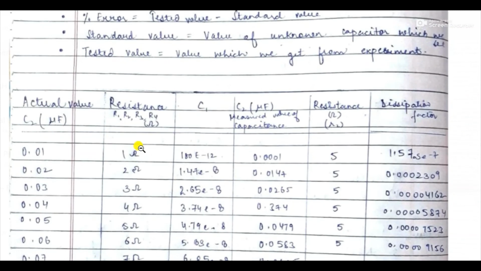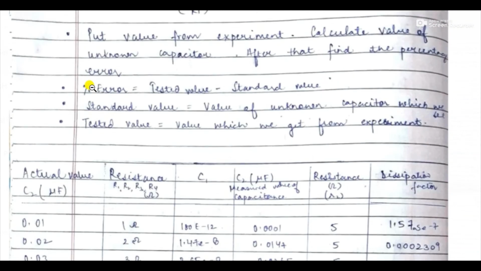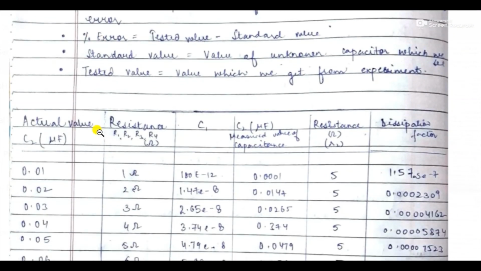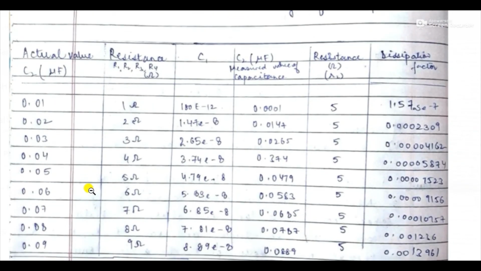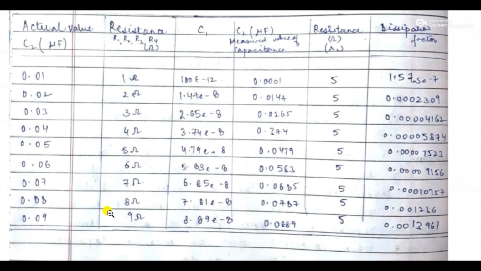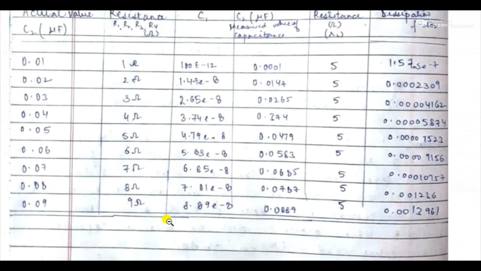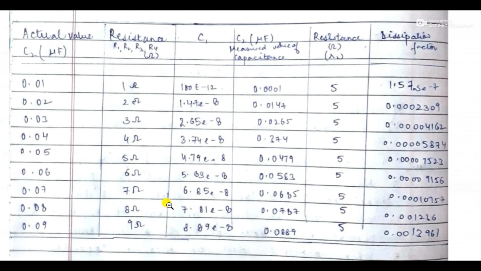So from this formula you can find the percentage error. These are the readings, so you can just note it down. You can take the screenshot if you require it.